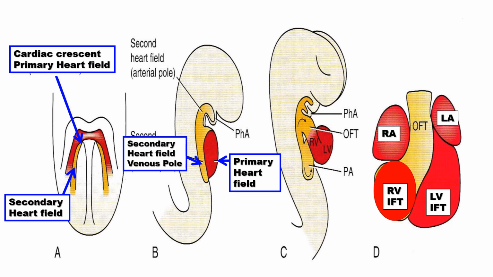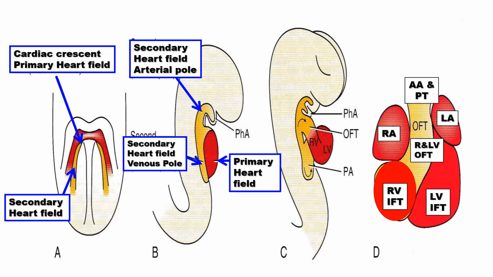The secondary heart field presents the venous pole and the arterial pole, which appear between the 20th to 22nd day. The arterial pole forms the right and left ventricular outflow tracts, the ascending aorta and the pulmonary trunk. The venous pole forms the sinus venosus.